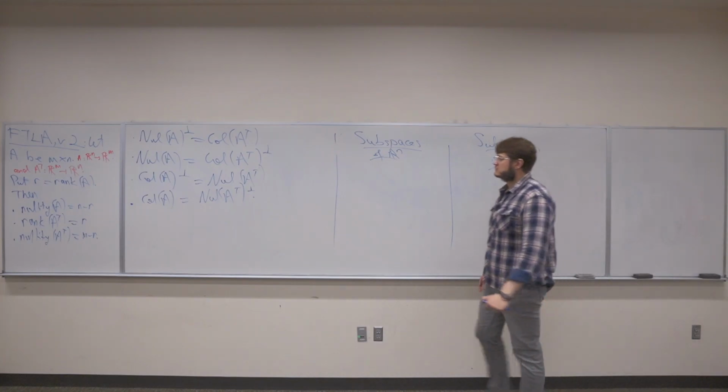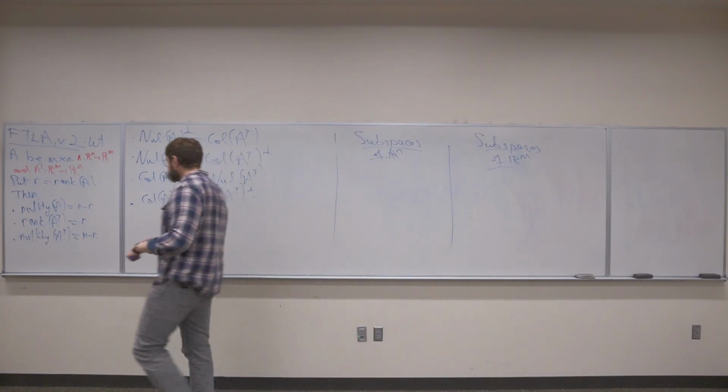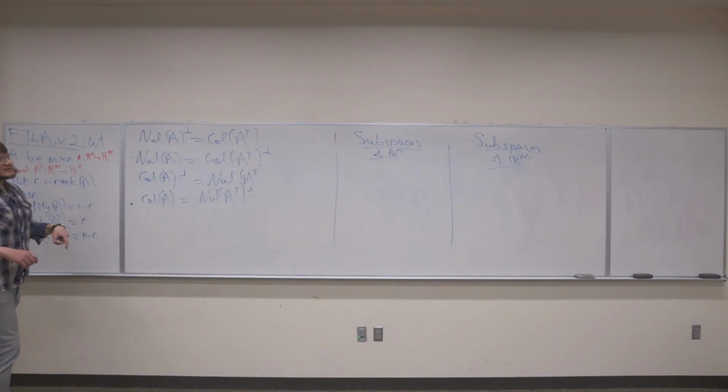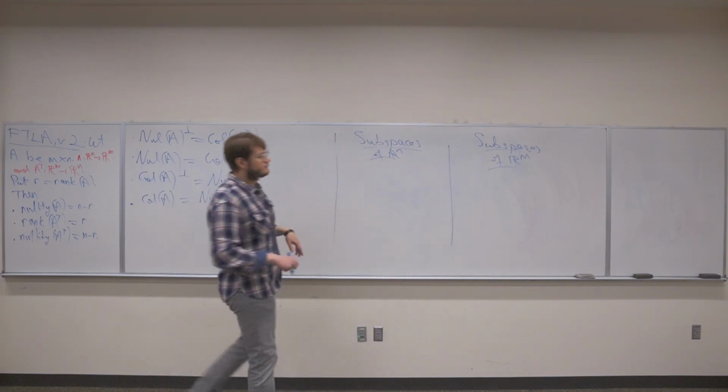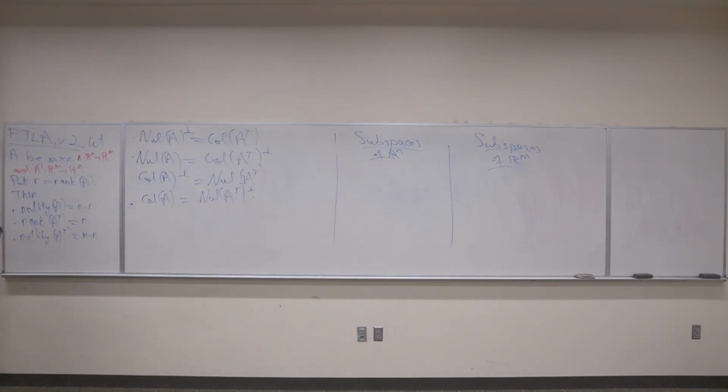Okay. So now I ask you, is the column space of A a subspace of Rn or Rm, given that A is m by n?